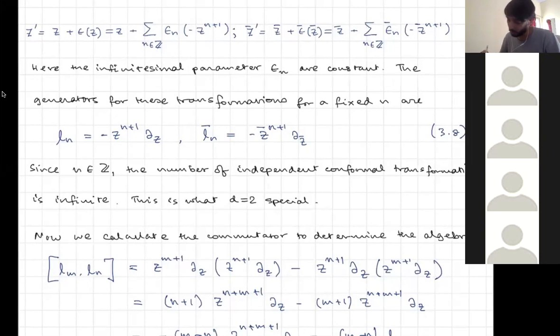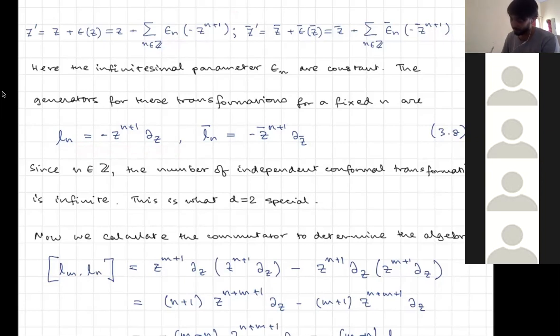Okay, so we are looking at these infinitesimal transformations, and if we expand this in a Laurent series around z equal to 0, these are the coefficients. These epsilon n's are infinitesimal parameters that are constants. And it's very straightforward to see that something like this is generated by l_n as z to the n plus 1 times del z.